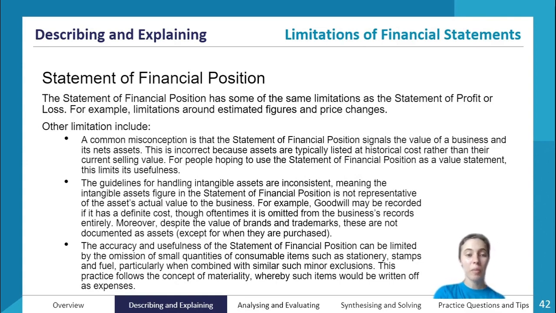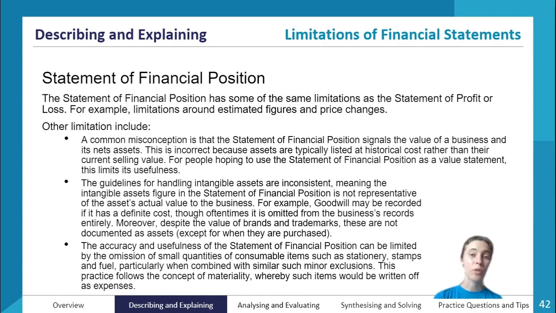In terms of the statement of financial position, you've got some of the same limitations again. So price changes again, estimated figures that you'll need for that statement as well. There are a few other limitations. A common misconception around the statement of financial position is that it signals the value of a business and its net assets. It's not as straightforward as that, because assets are typically listed, like we spoke about earlier, at historical cost rather than their current selling value.